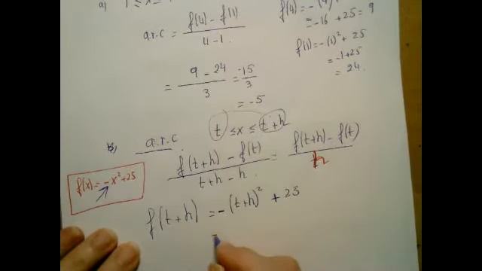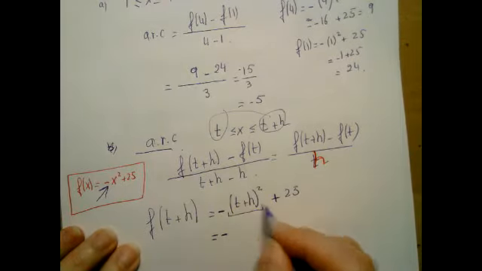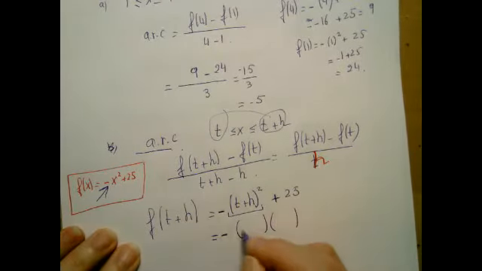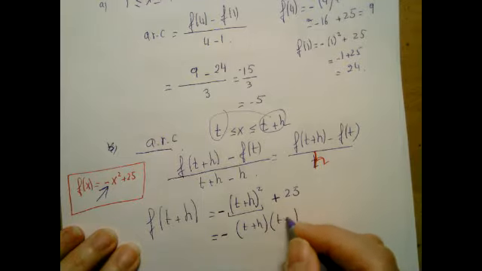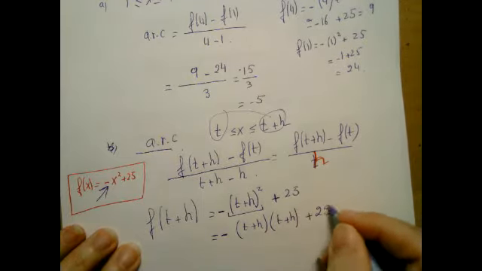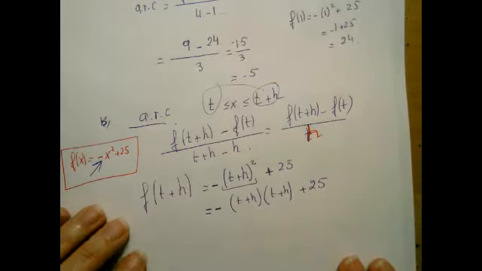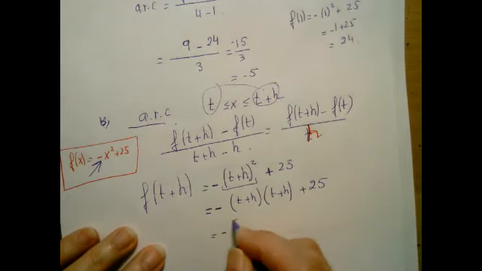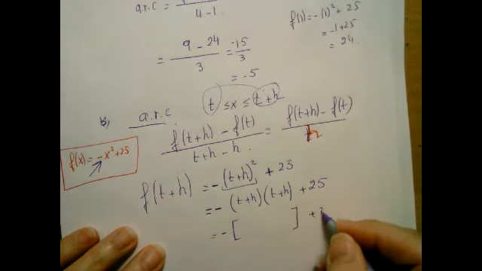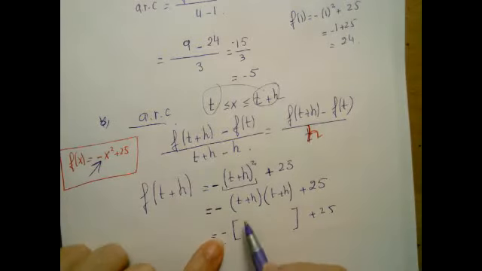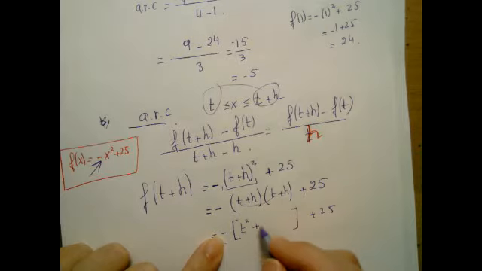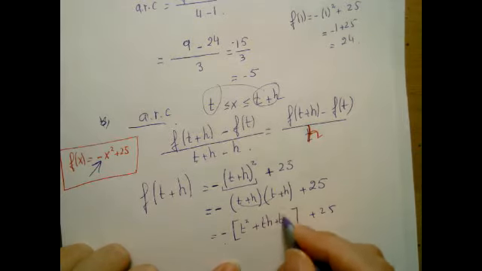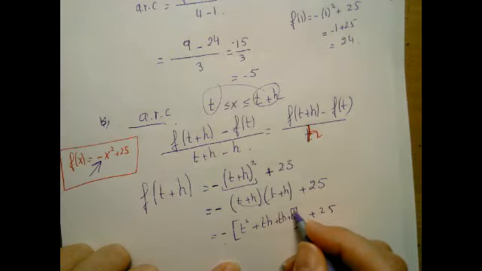So this is equal to minus, what's t plus h squared? t plus h times t plus h, plus 25. Be very, very careful with this sign. So it's going to be equal to minus, I'm opening my bracket, plus 25. Minus is still there. I want to distribute t squared plus th plus th plus h squared.